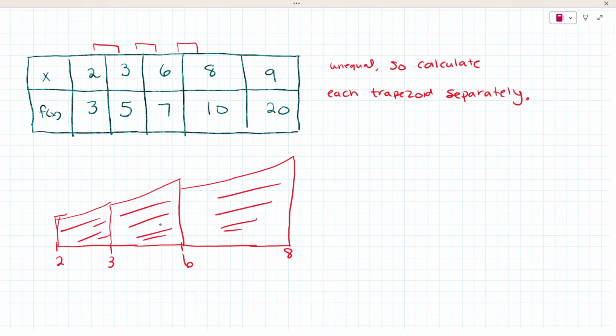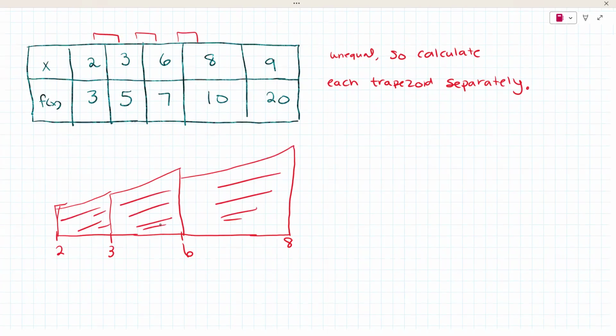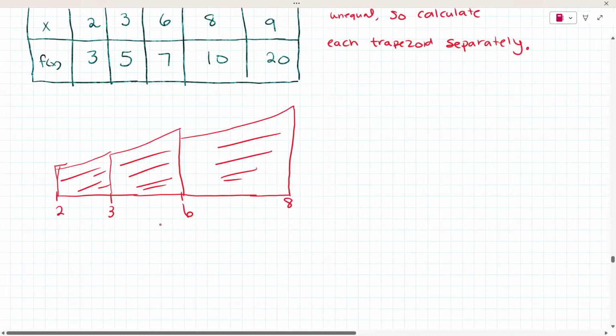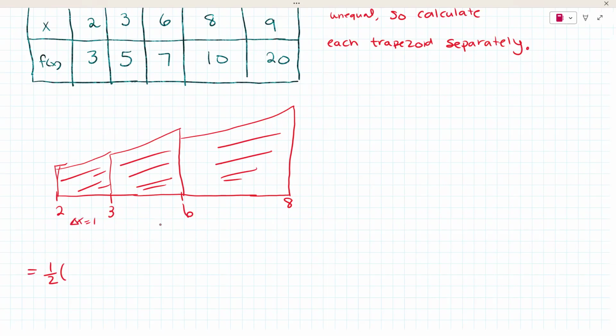Okay, so the area of a trapezoid is 1/2 times delta x times the sum of the 2 heights, right? So let's do the first trapezoid. So it's going to be 1/2, and then the delta x is going to be 1 for this one, right? And then we have to find f of 2 and f of 3.